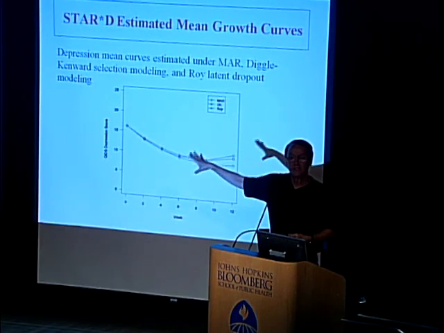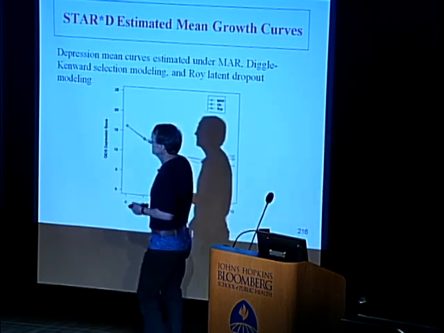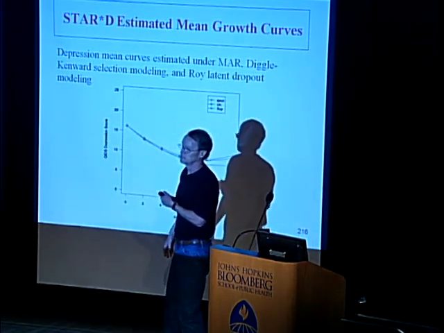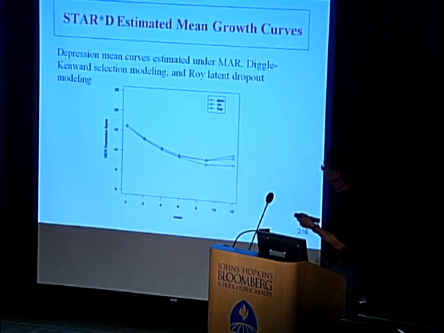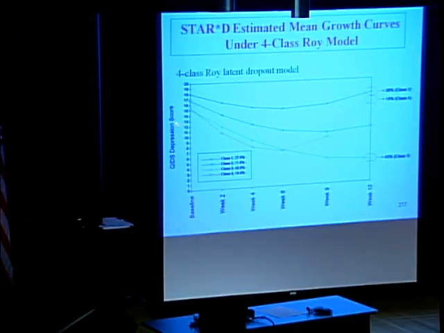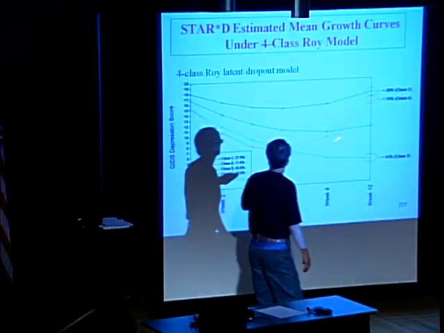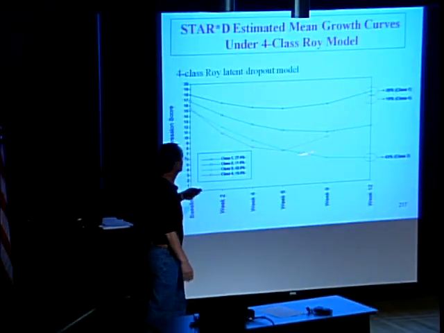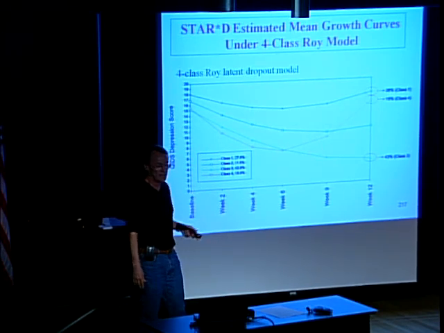You get exactly these curves without bringing in the dropout information. But the percentages are quite different. You get a much lower percentage of those who respond to the drug, much higher percentage of those who don't respond, and a misestimated swing class, U-shaped class.